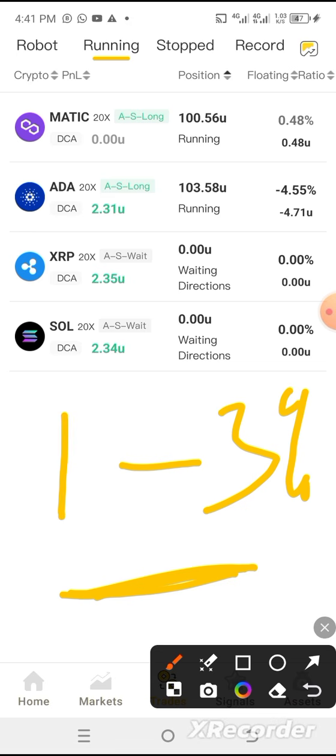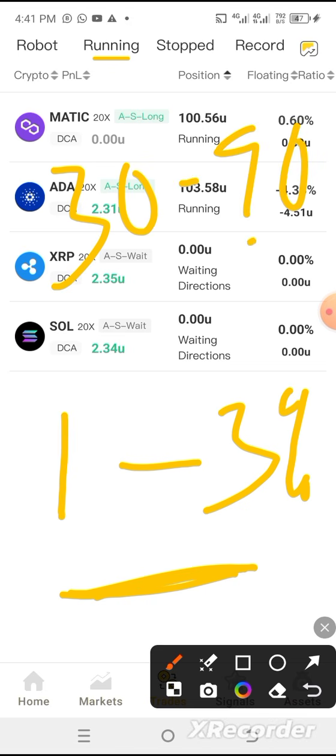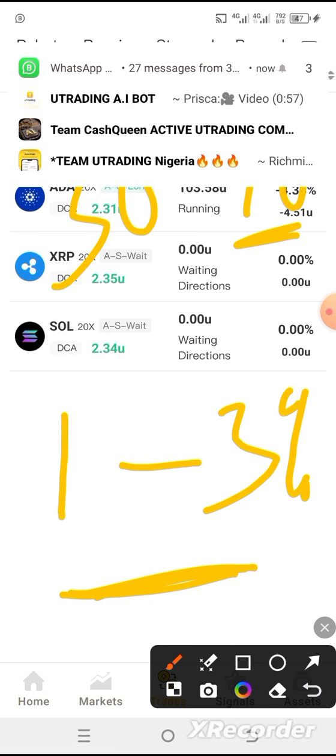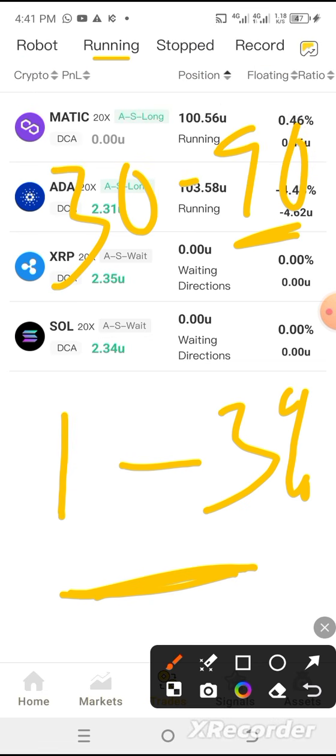The simple mathematics of crypto trading is you should be checking your earnings per month, not per day, because it's an accumulation. So this is going to give you 30 to 90% in a month, but it could be more than that depending on the velocity and trend of the coin that month.